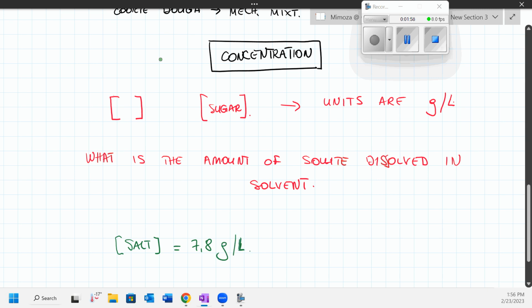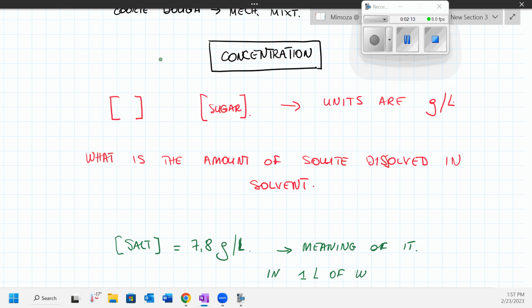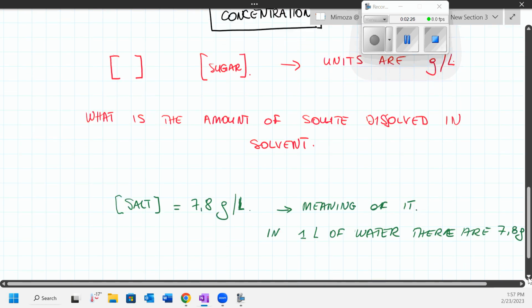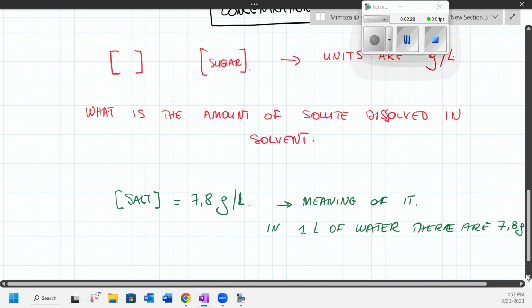The meaning of it is that in 1 liter, usually of water, there are 7.8 grams of salt dissolved in it. Okay?